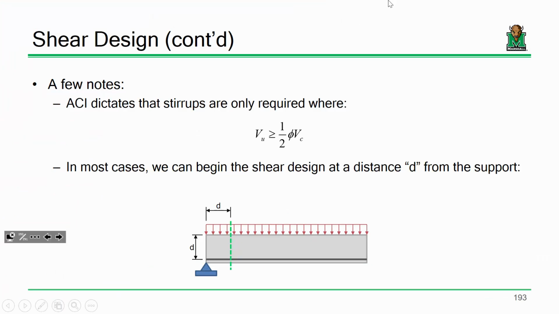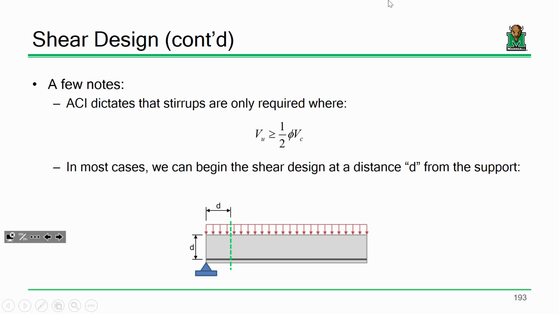The main idea is in these close regions right here, you agree that if I've got some loads right here, I've essentially got a large point load right there. That's what a reaction is. In that region, we're not really concerned with shear as much as we are bearing forces. In other words, if I have a couple thousand or 10, 15,000 pounds right here, I'm worried more about the concrete crushing right here than I am about shear failure of the beam as a whole.